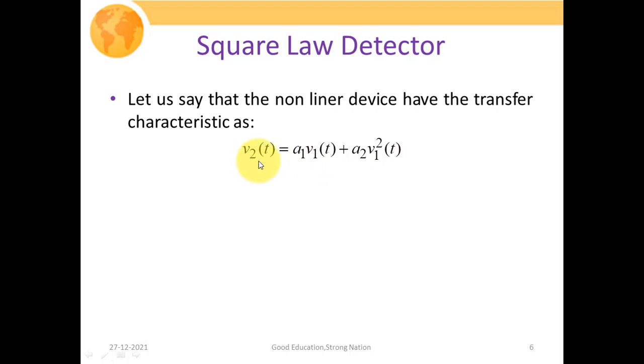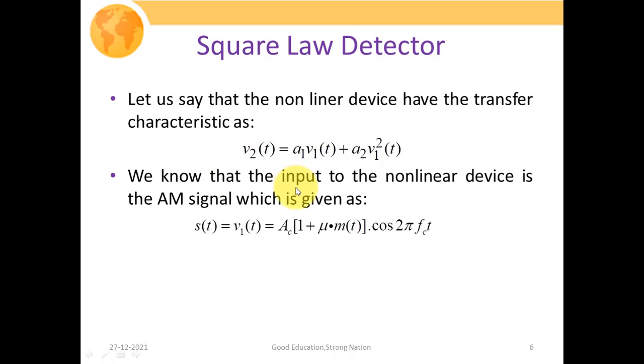Here v2 is your output and v1 is your input signal. So when we apply input signal v1(t) to your nonlinear device, the output we obtain is v2(t), and the relationship between input and output is nonlinear. The square term represents nonlinearity, and a1 v1(t) represents its linear characteristics.